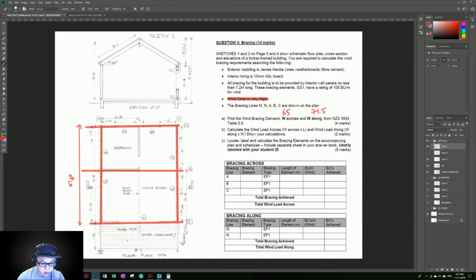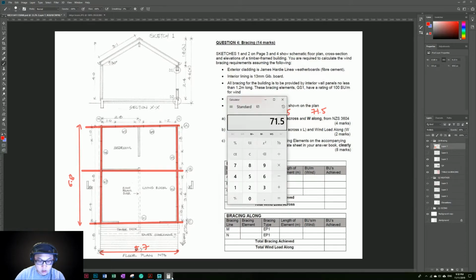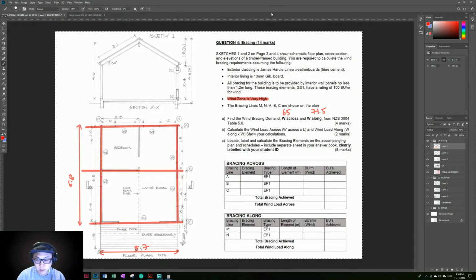And the width is this one. That's 5.7. So if we do the calculation, it would be 65 by 6.8, which is 442.